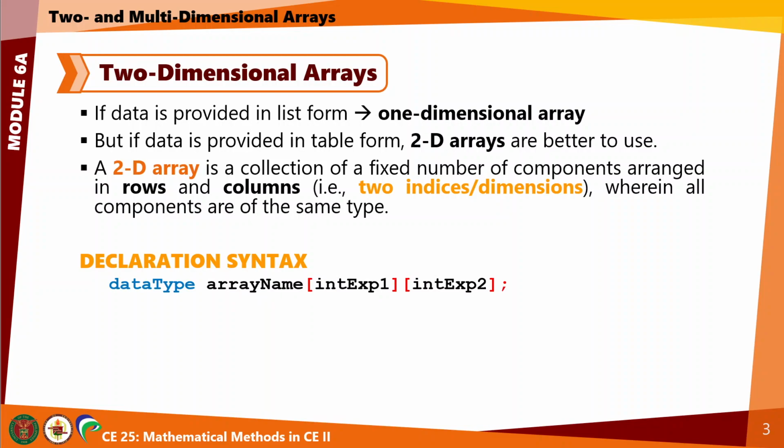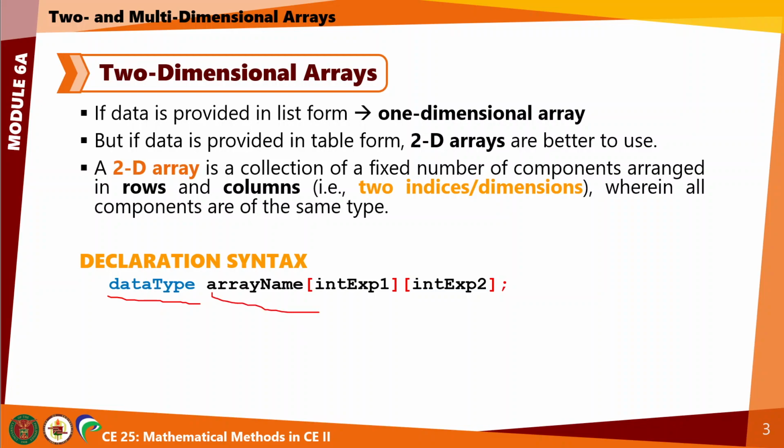Meron tayong data type, kung ano yung type ng laman ng ating array. So, dapat iisa lang lahat yan. Same type lang dapat lahat. Hindi pwedeng may isang nakasingit na double or ipa-iba-iba yung ating data type. So, for one 2D array, kailangan isang data type lang yung hinahandle niyang values.